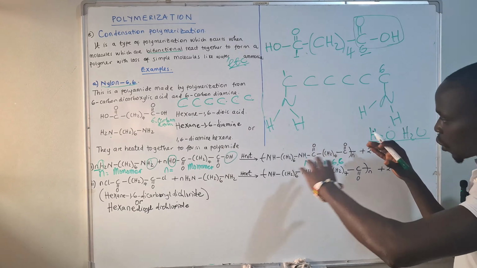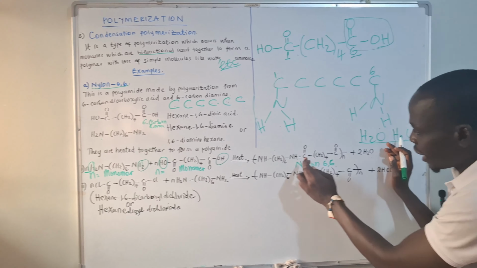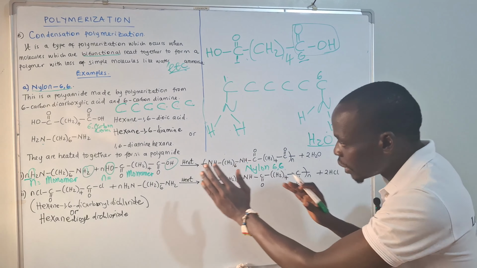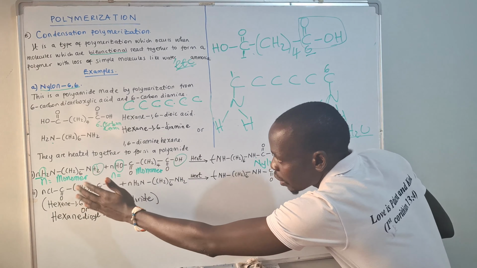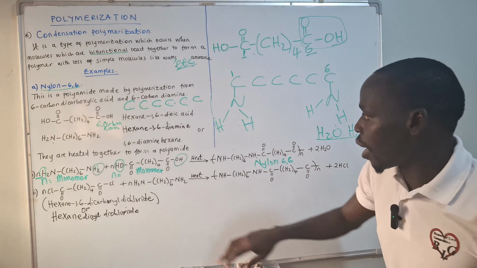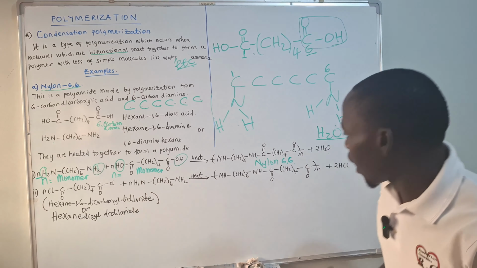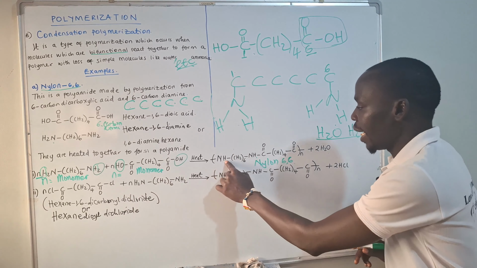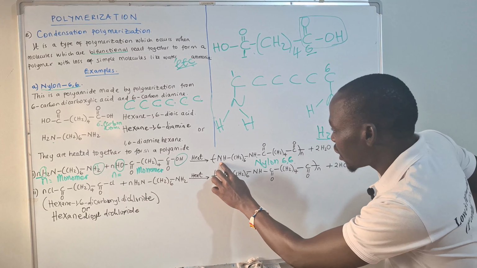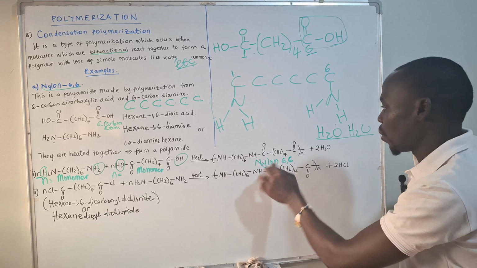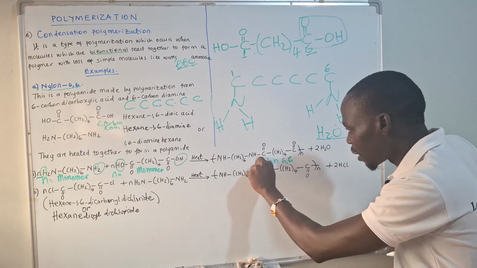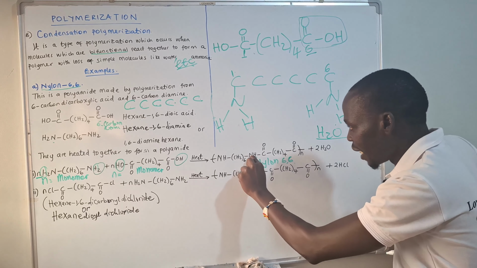Now, after the formation of these 2 molecules of water, there is this bond going to be created between these monomers, which are bifunctional. They have different functional groups. So here we are left with one H here, and one hydrogen here. That means there is this bond going to be created between this carbon and this nitrogen.